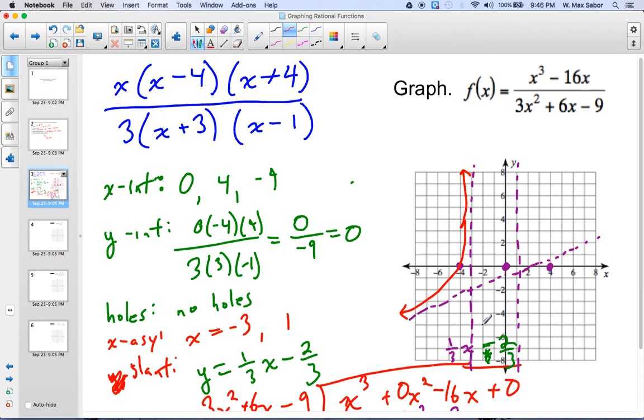We can tell that this is going to be going like that, and then this one is going up there. If you want to be more careful, you can certainly plug in values for x to test whether things are going up or down here, but this is a good start for how to graph a rational function.